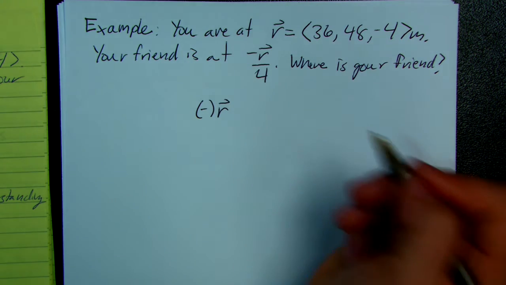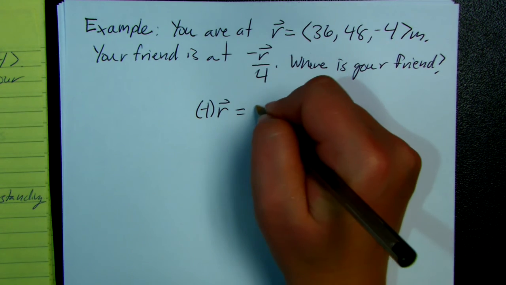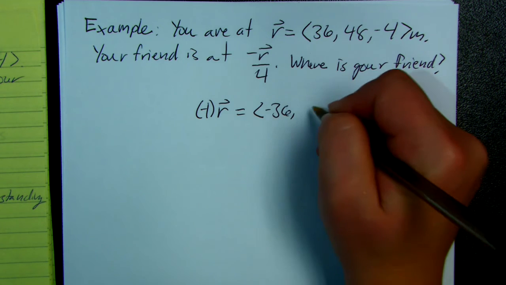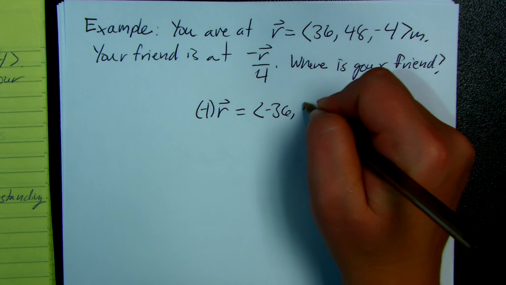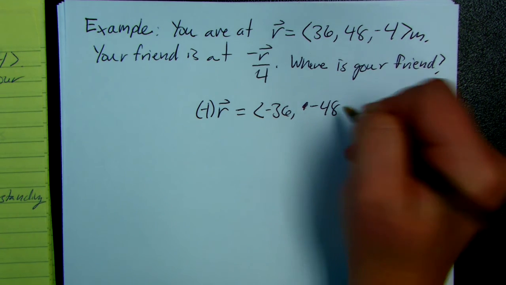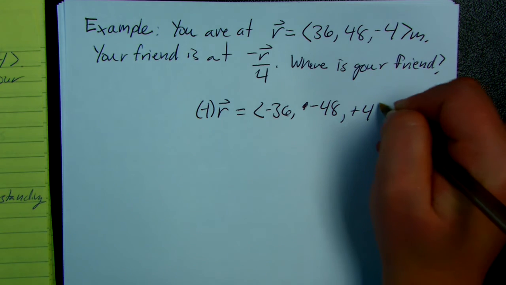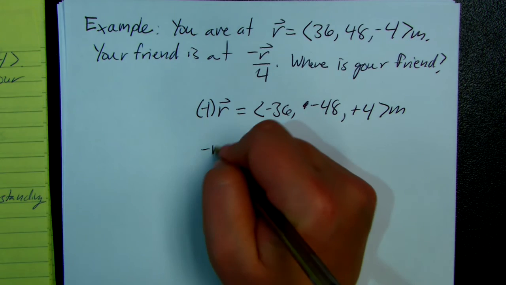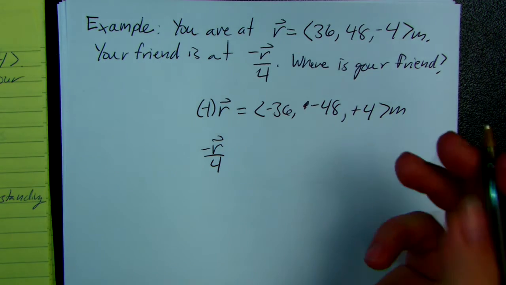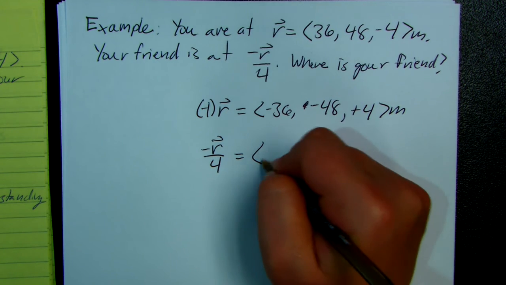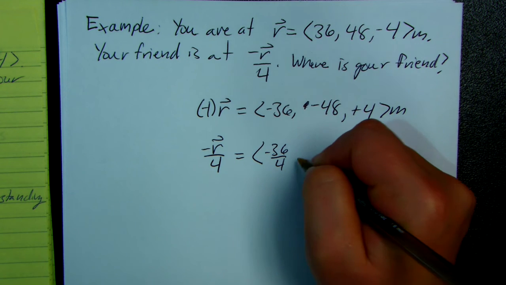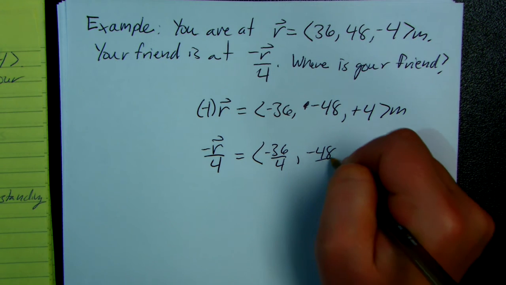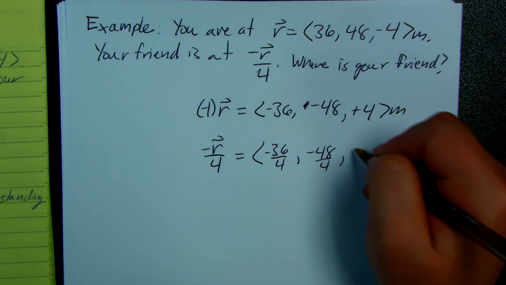In this case, we take our vector r and multiply it by -1. That's equal to -36, -48, plus 4 meters. Then we take minus r divided by 4.